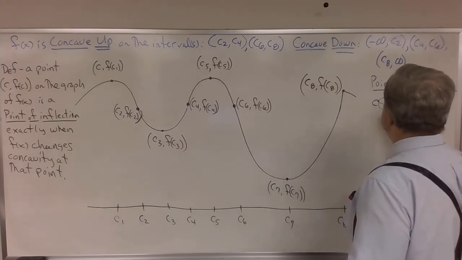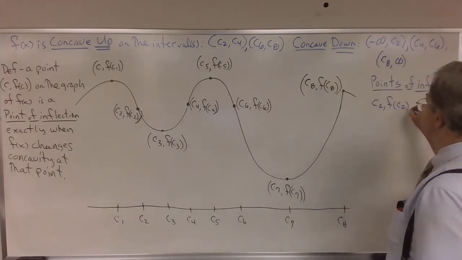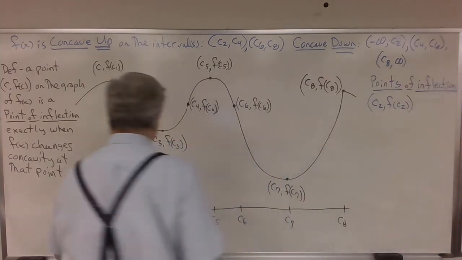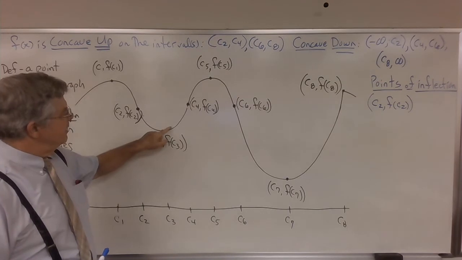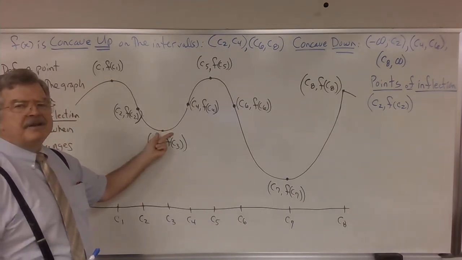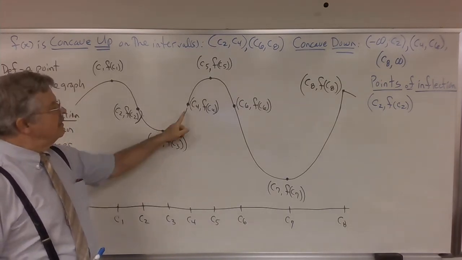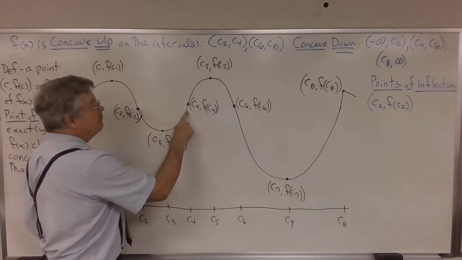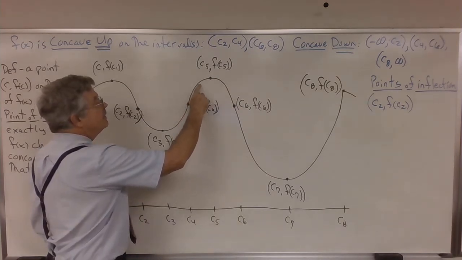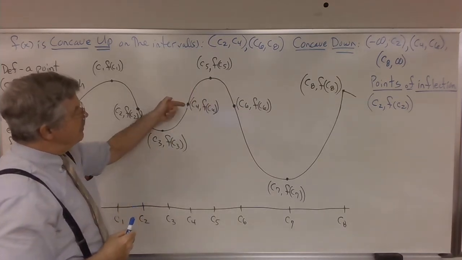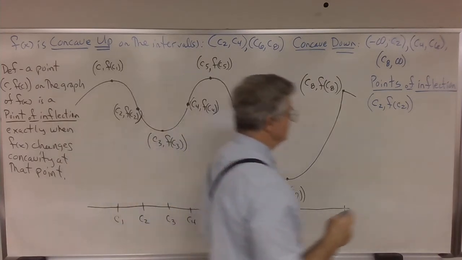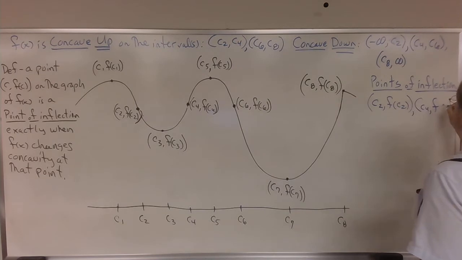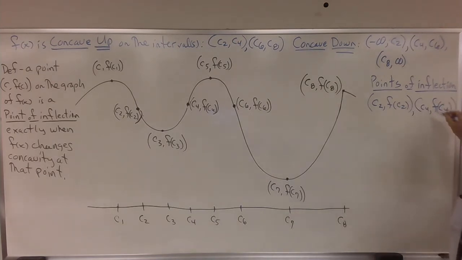So this is a point of inflection. Now the graph is concave up here and concave up here. There's no concavity change here. But what about this point? Here the graph is concave up, and then all of a sudden it's concave down. So this is a point of inflection. C4, f of C4.